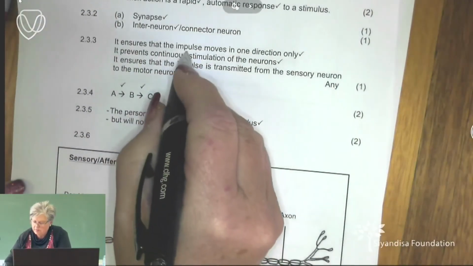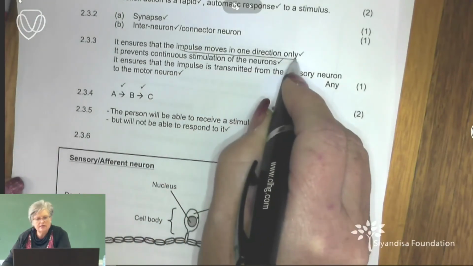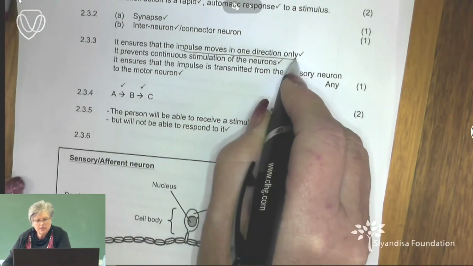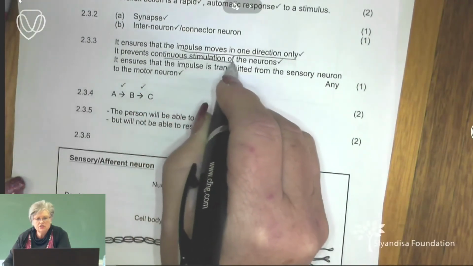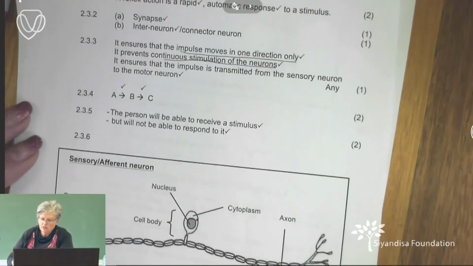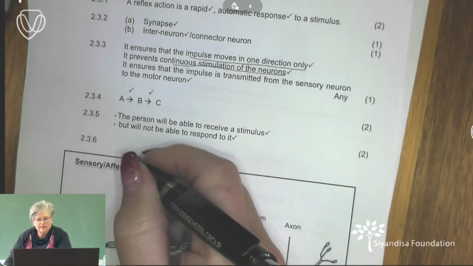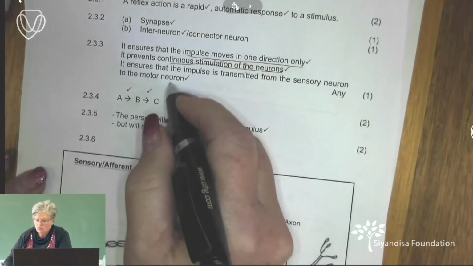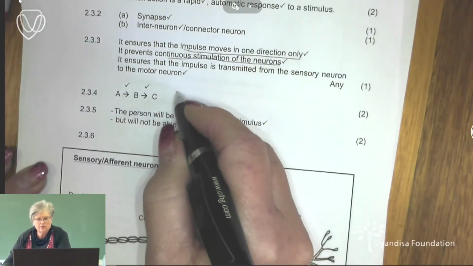So the answer will be something like, it ensures that the impulse moves in one direction only. And it prevents the continuous stimulation of the neurons. You know what happens if you continue stimulating something? At the end it has no effect anymore. So it's very important that our neurons are not stimulated all the time.